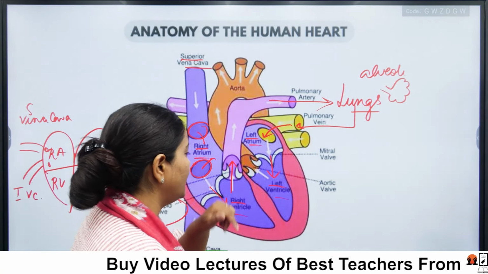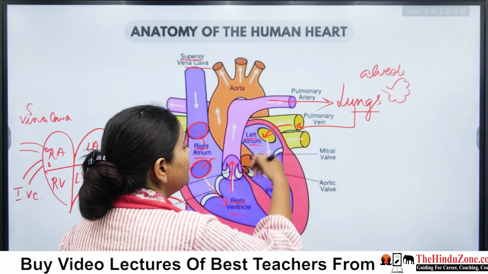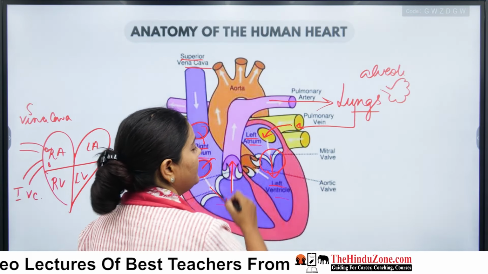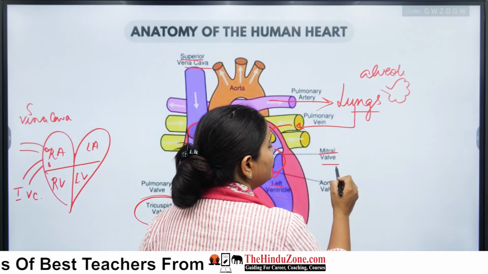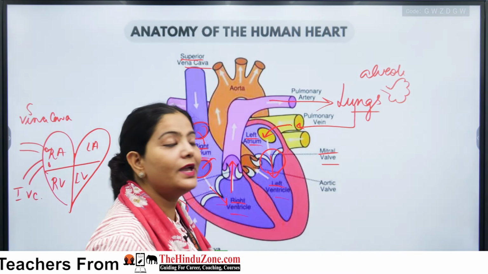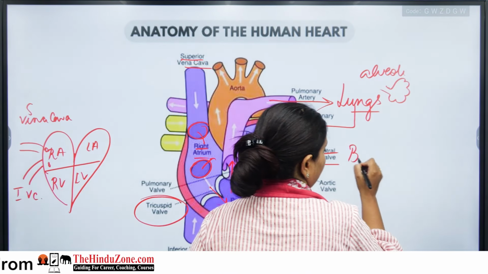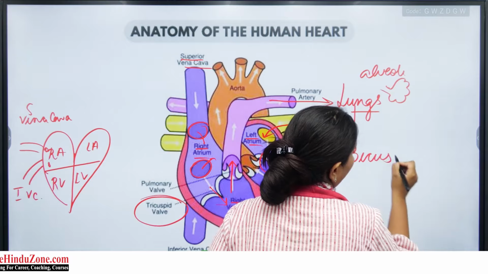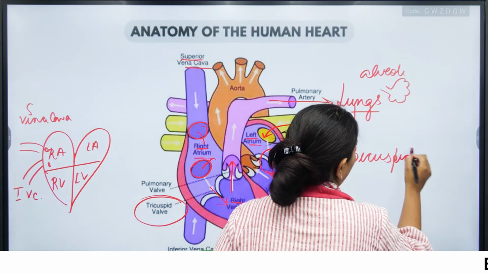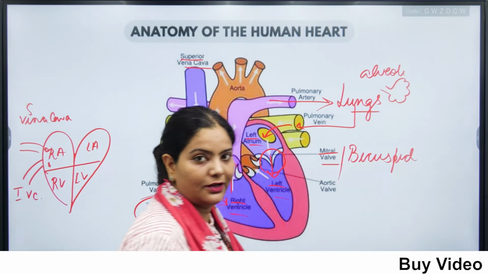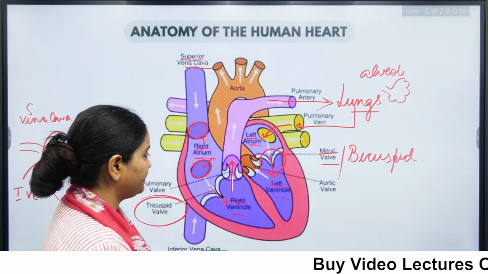left ventricle, right? When it is entering into the left ventricle, again there is a valve present. This valve is a bicuspid valve, and this bicuspid valve is also known as the mitral valve, right?